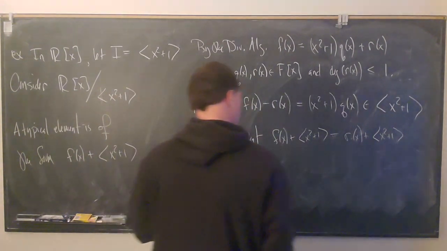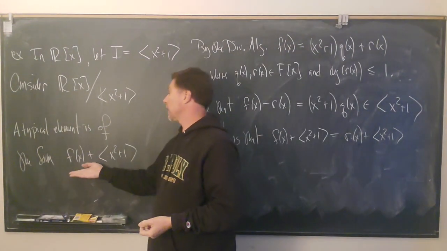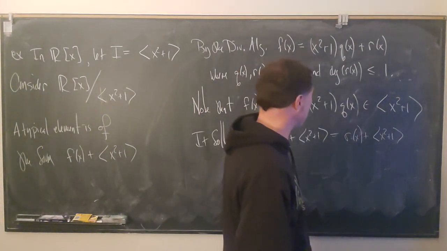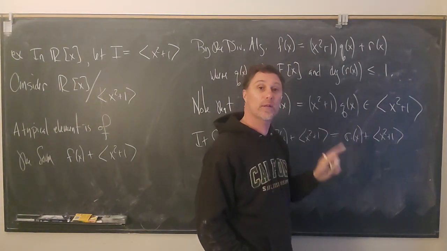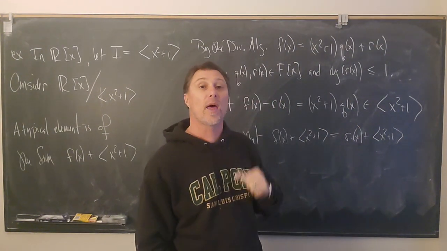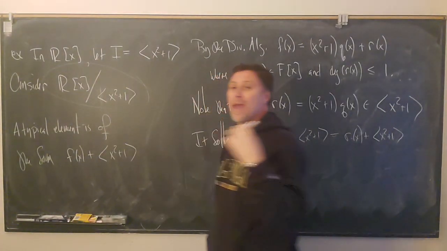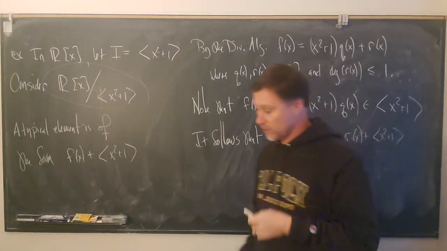Okay. So that means that we said typical elements look like this, but actually we have a convenient choice of coset representative. We can use a coset representative whose degree is less than or equal to 1, which means that all elements of this quotient are actually of the form a plus bx plus the ideal generated by x squared plus 1.